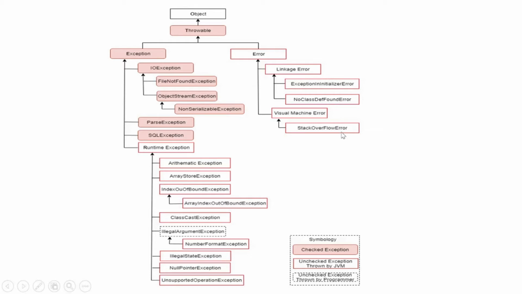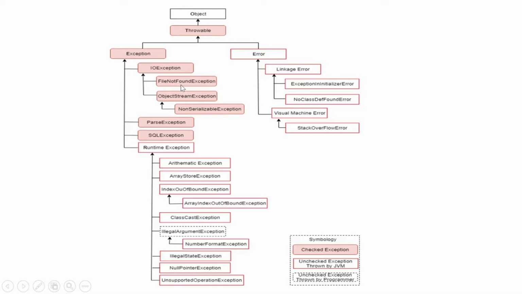So let's see some checked exceptions. IOException is thrown by the programmer when there is a problem reading or writing a file, and FileNotFoundException is a subclass of IOException. It's thrown by the programmer when trying to reference a file that does not exist.